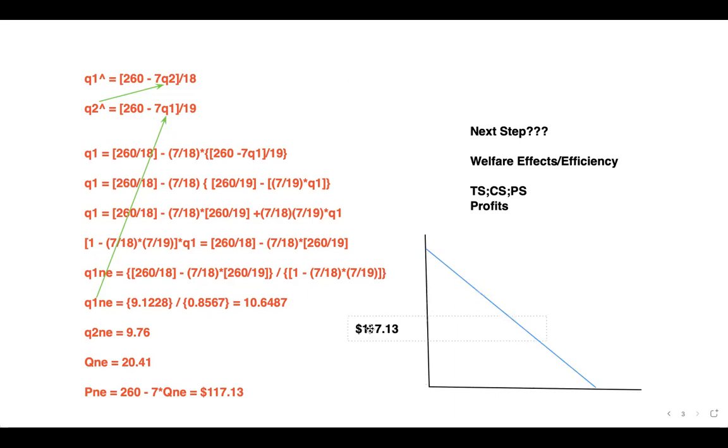And we can pretty easily find the area that's below the demand curve and above the price the consumers pay. That's going to correspond to a triangle. Then we can calculate the area of that triangle, and that'll be our consumer surplus.